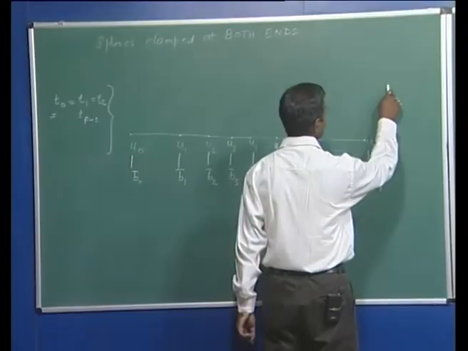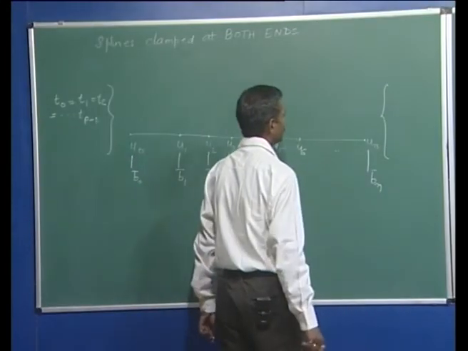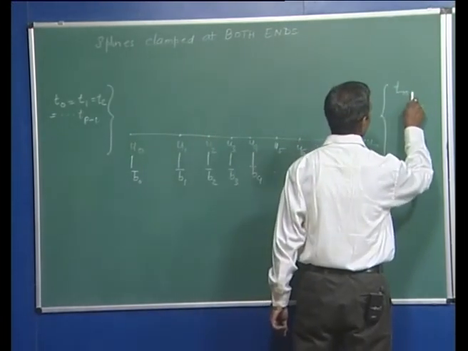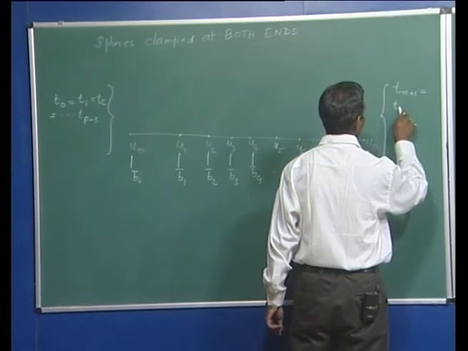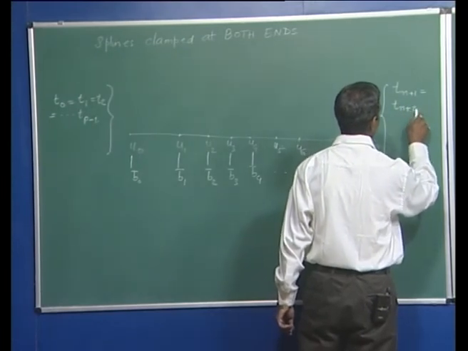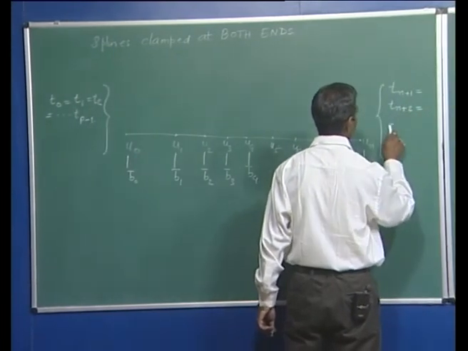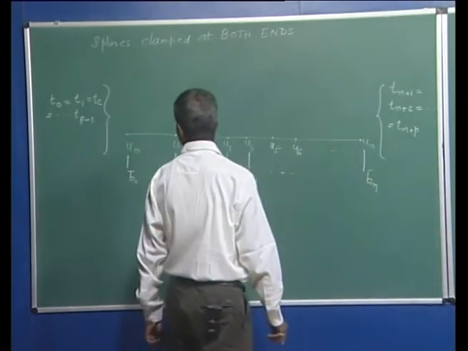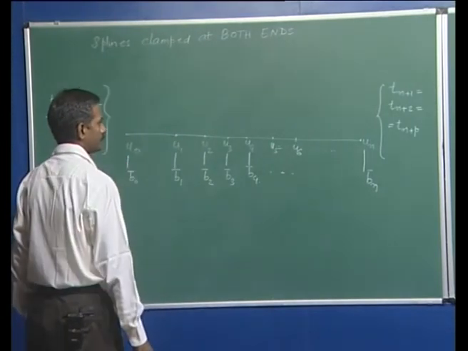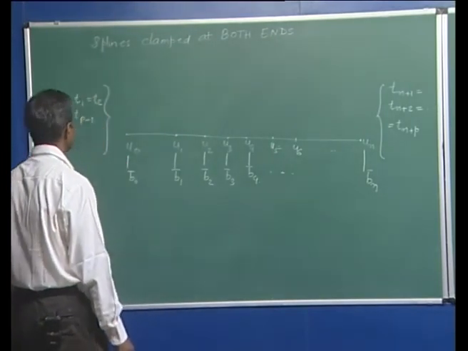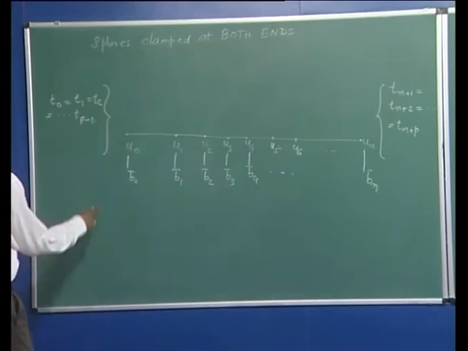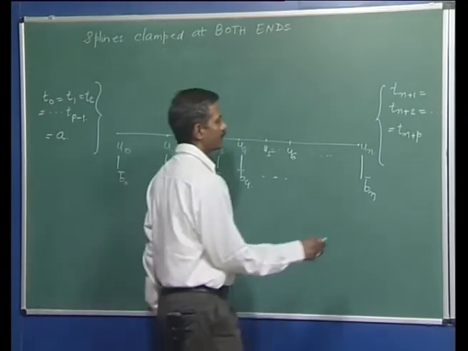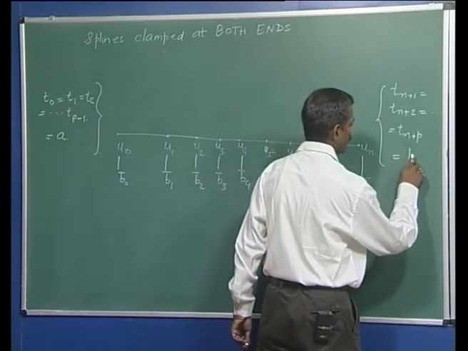Also, I have determined my last p knots. Say they are equal to A, and here all these are equal to B.